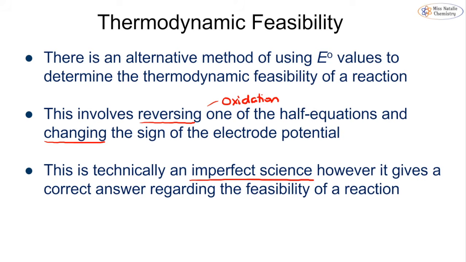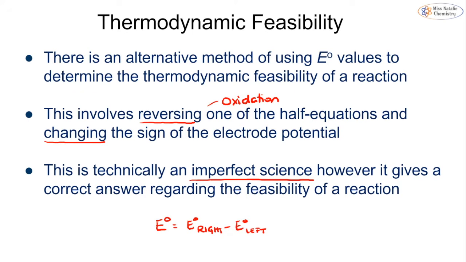So we try and advise you to avoid this, and you simply stick with your E0 of the right minus the E0 of the left, and you figure out which is the right and which is the left, not using the values, but by looking at what you're reacting and what you then make your products.